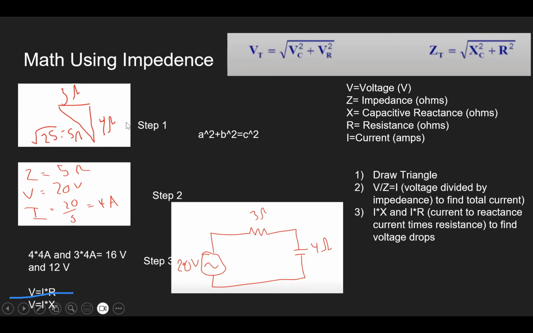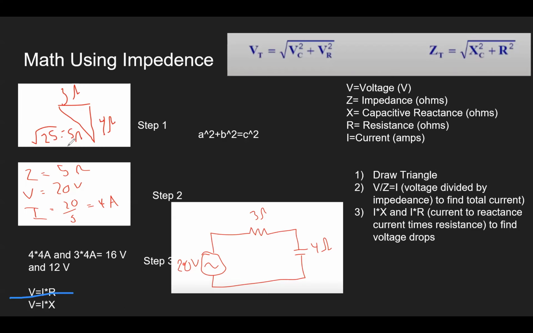I can't remember which is which, but it's irrelevant. We don't know the impedance, but we can easily solve for it using Pythagorean's theorem, the square root of the reactance squared plus the resistance squared.